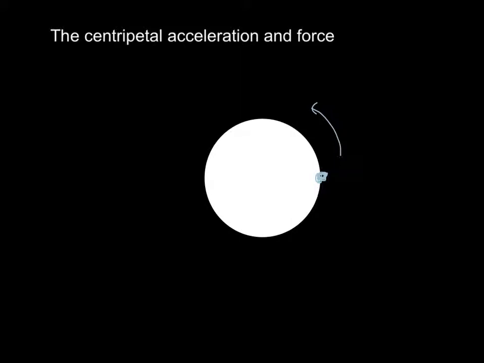Why is it not constant? Well, because its velocity, remember, is in 2D. So you have a y velocity and you have an x velocity. And obviously, as this guy is changing direction, the x velocity is changing and the y velocity is changing. So this guy is not moving at a constant velocity. Its speed is always the same, but its velocity is always changing.